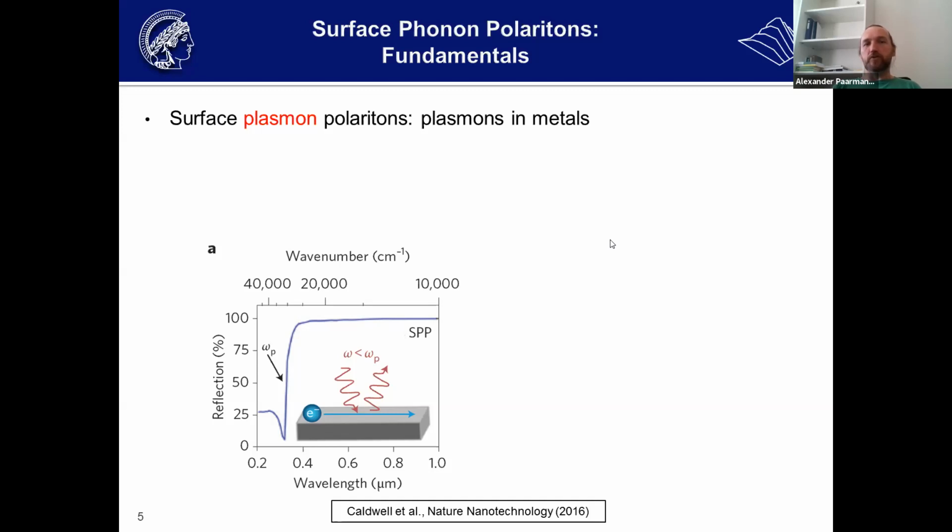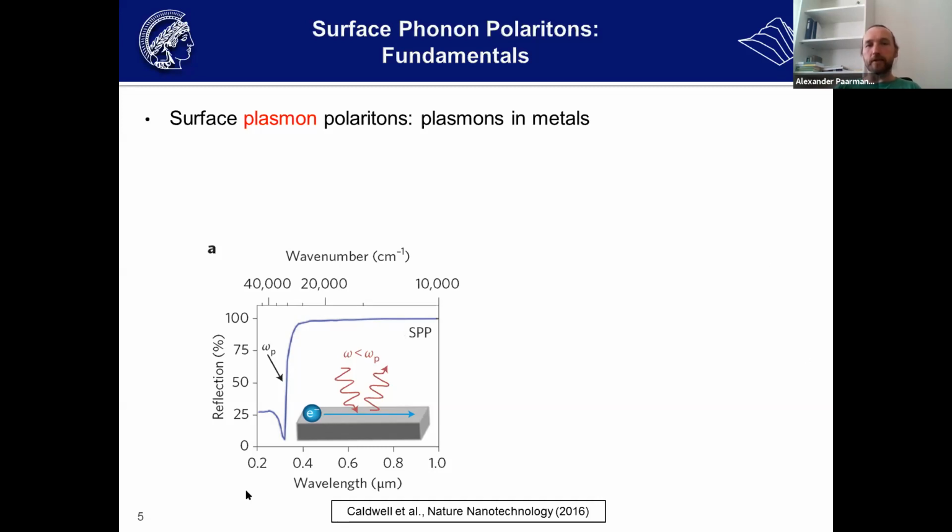Most people know surface plasmon polaritons, and these excitations emerge typically at the surface of noble metals. The fundamental excitation that's responsible for these surface polaritons are plasmons, collective oscillations of the charge carrier density.